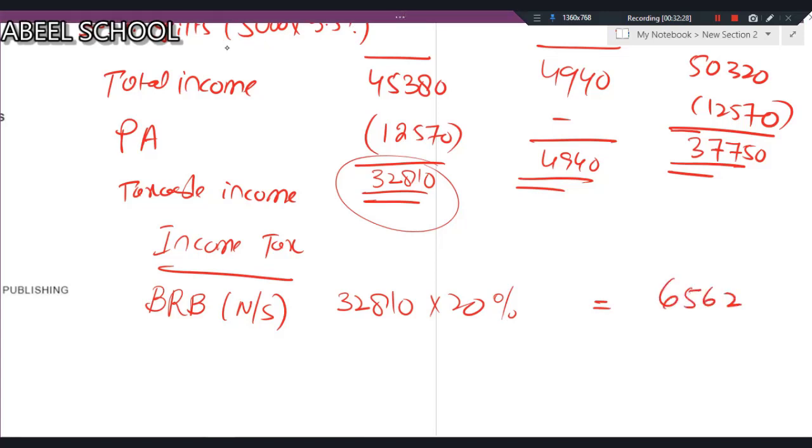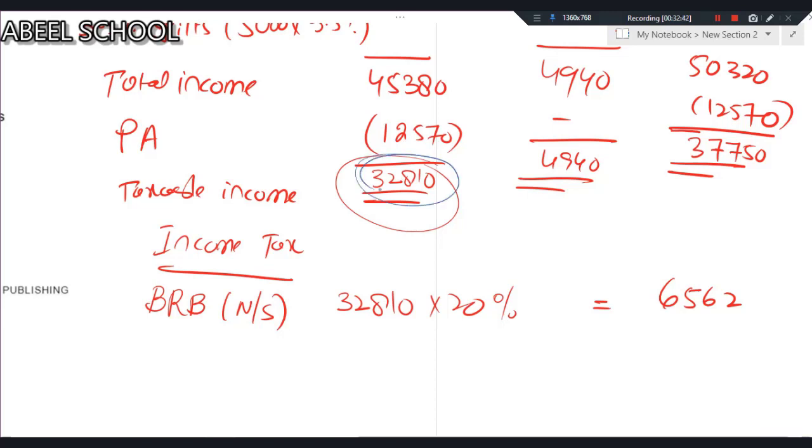Okay, now dear student, listen carefully. Now we have to tax the saving income. Number one, no starting rate band concept applies because the taxable income in the column of non-saving is more than £5,000. Whenever taxable income in the column of non-saving is 5,000 or more, starting rate band concept does not apply for the saving income.